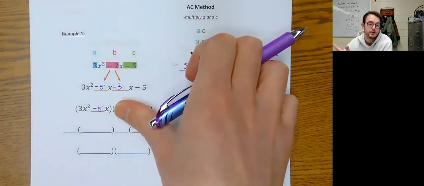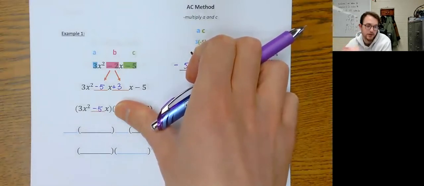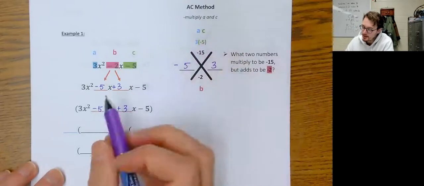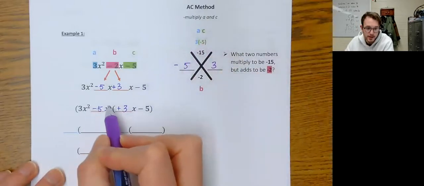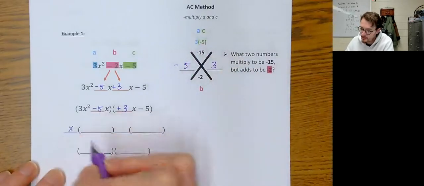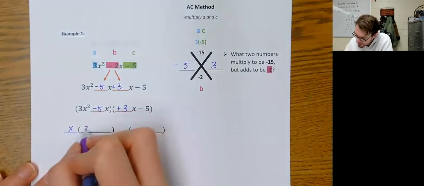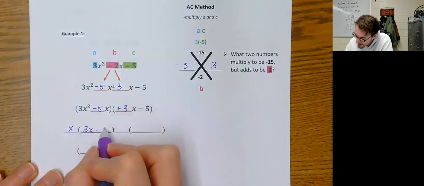Can I factor out an x? And the answer is yes. I can factor out at most just 1x, because this has 2 x's, this has 1x, so I can factor out 1x. That's the greatest common factor. I'm left with 3x minus 5.